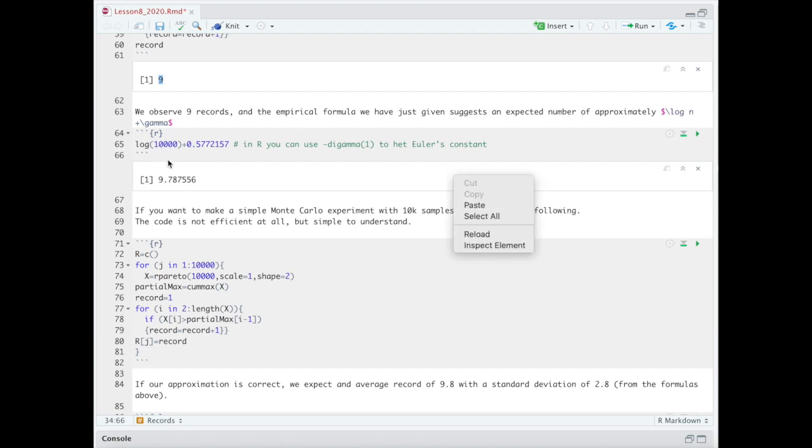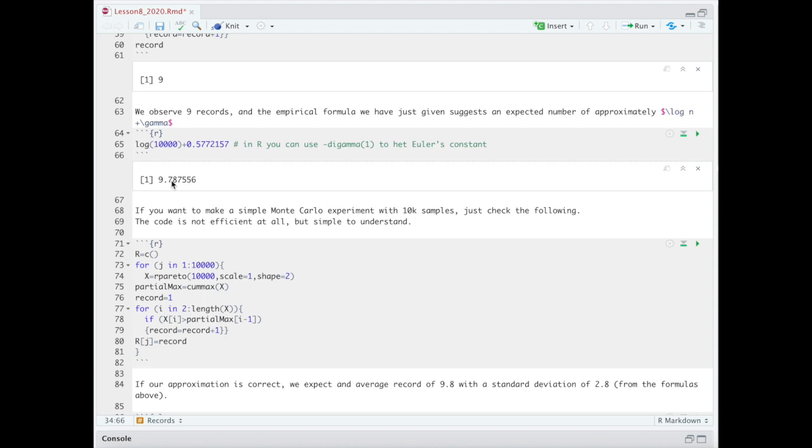So if we apply the formula, we take the natural logarithm of n, that for us is 10,000 observations, plus our Euler constant. If you want R to compute this, you can use the digamma function, okay? Otherwise, you just simply write down an approximation of Euler's constant. And if you use this formula, the value we get is 9.78.